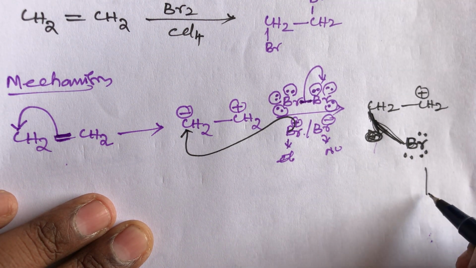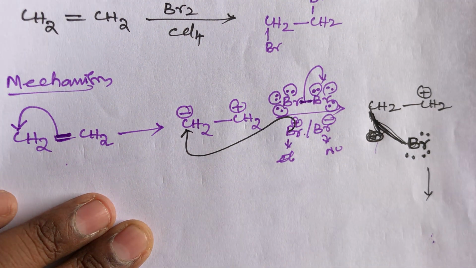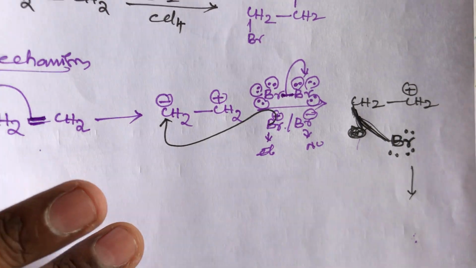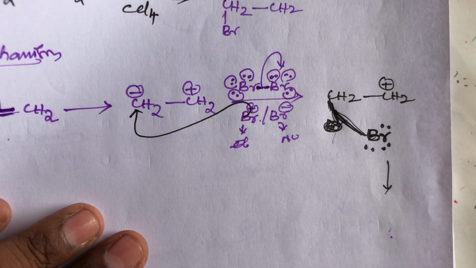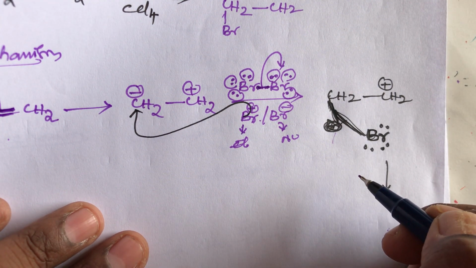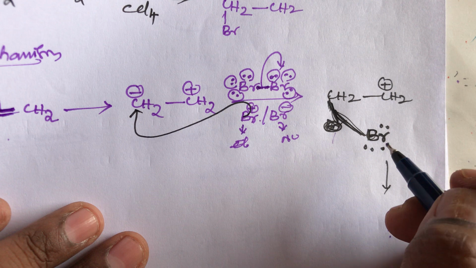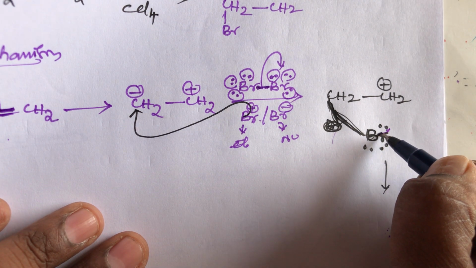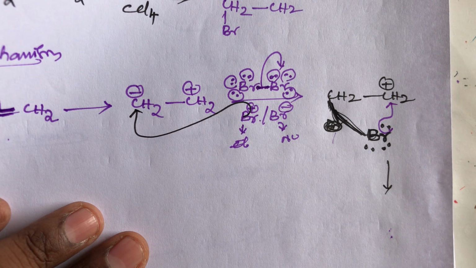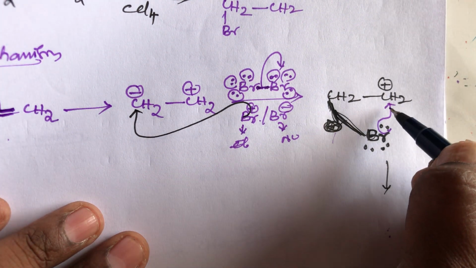After that, this CH2 plus has one vacant p orbital, and it always attracts an electron pair. That is why this bromine, having 3 lone pairs, donates electrons towards the CH2 plus side.